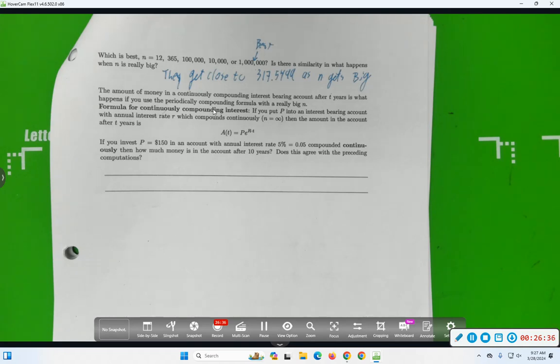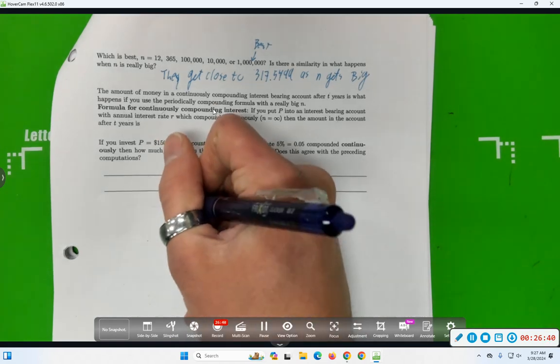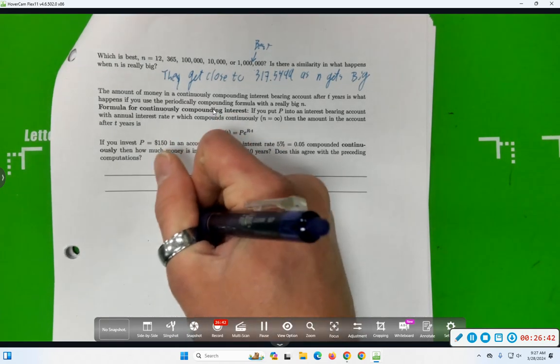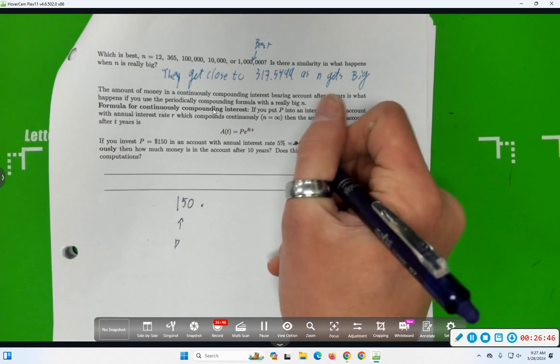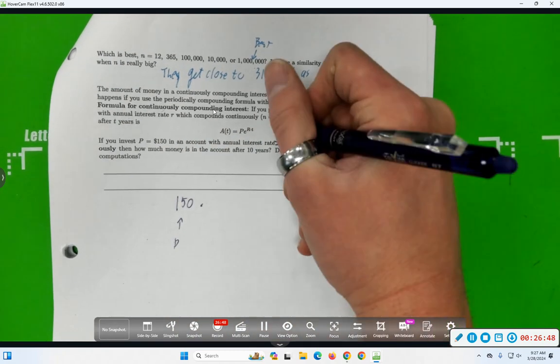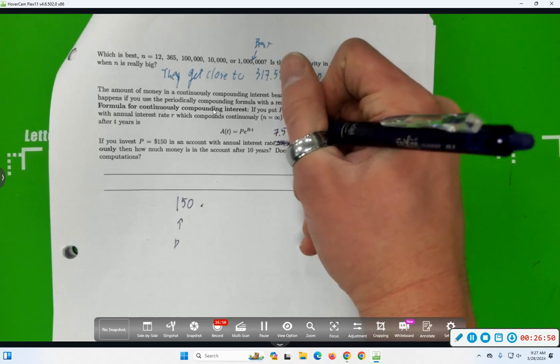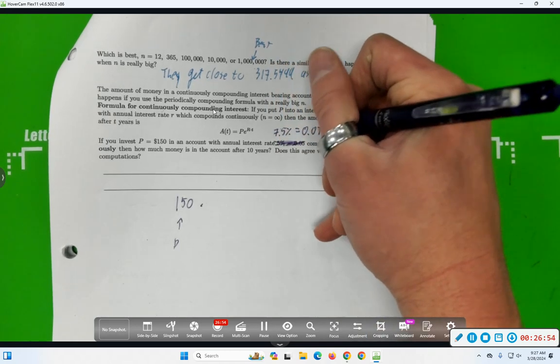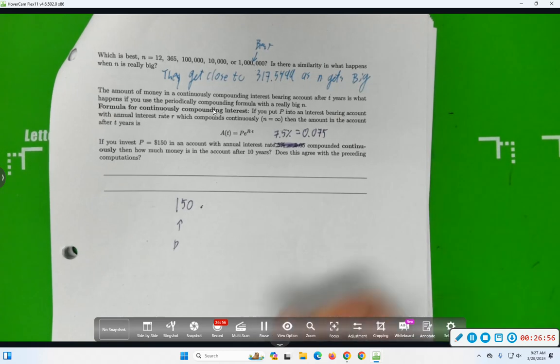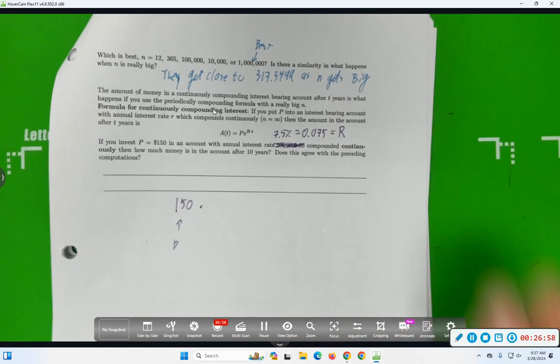So let's just check that works out. Let's take a principal P of 150. Let's take the same interest rate as we were using in the previous example, 7.5%, so 0.075. So there's the interest rate r.